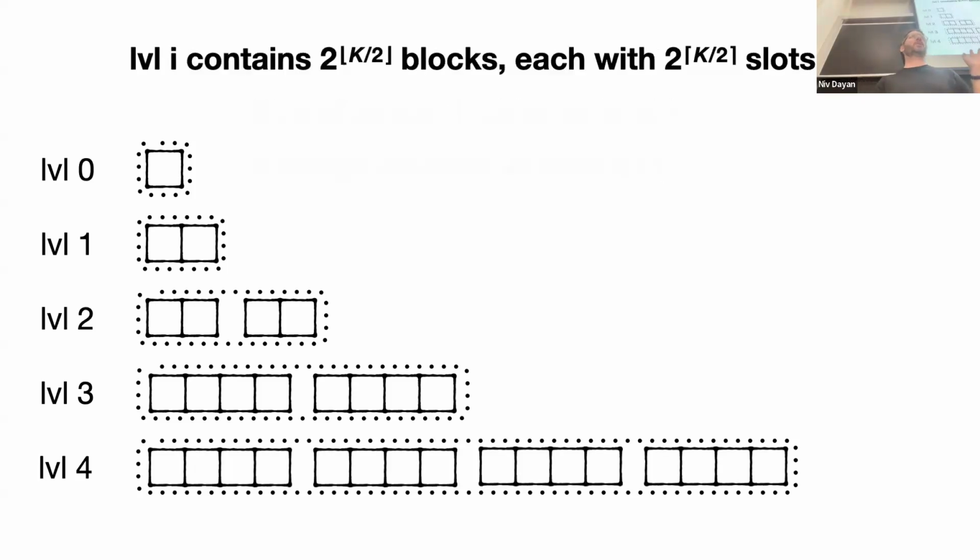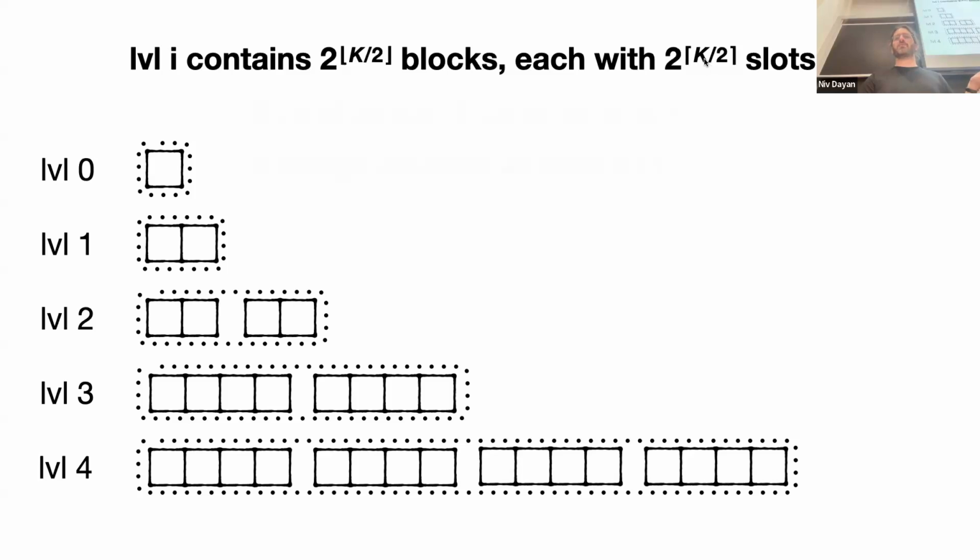With this construction, we can actually reason pretty easily about the number of arrays and the size of the arrays in each one of the levels. It happens to be these numbers: there's going to be 2 to the power of k minus 2 blocks in each level, where k is the level ID.